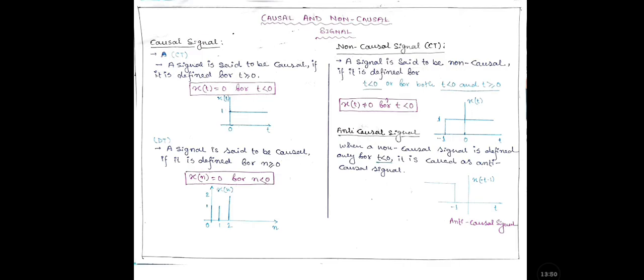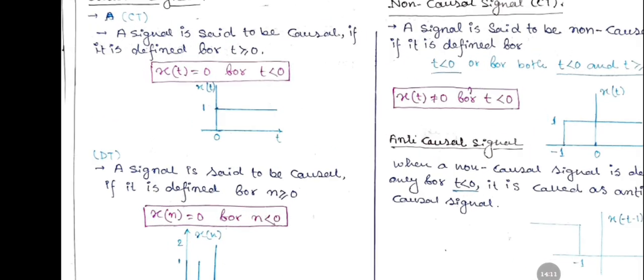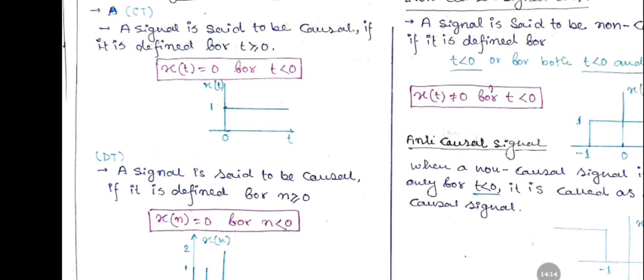Then causal and non-causal signals. For continuous time, a signal is said to be causal if it is defined for t greater than or equal to 0, and x(t) is equal to 0 for t less than 0. That means from 0 onwards it is defined, and for t less than 0, the left-hand part of the signal is 0.